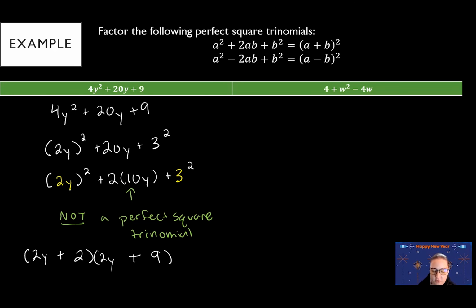If you factored by trial and error like I did, 2y times 2y gets you 4y squared. Nope, this doesn't work because that would give me 18. No. Let's see. So 20. Let's do 4 and 1 times 4 is 12. 4 and 5 times 4 is 6. But see, I need to multiply to 9.